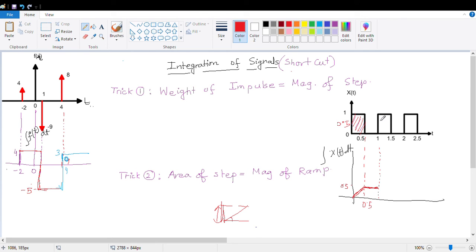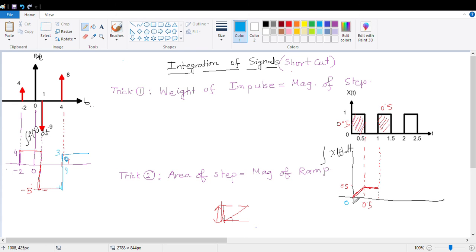Again, if you think of this area, now the ramp is here at 0.5. So what will be the area here? This is also 0.5 and this is 1. So here also the area is 0.5. So the magnitude must be again 0.5. So you have to go for another 0.5.